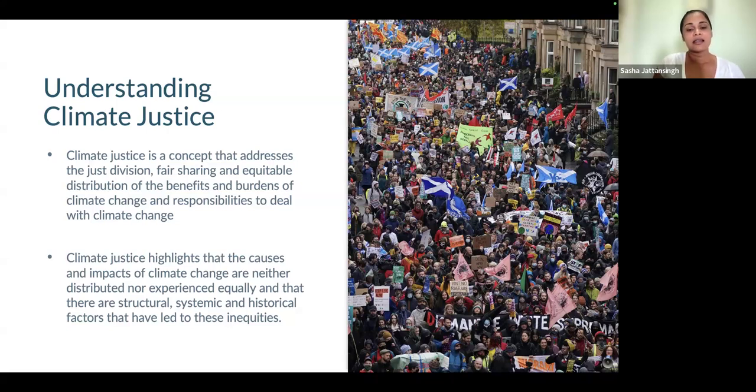And climate justice highlights that the causes and impacts of climate change are neither distributed nor experienced equally, and that there are structural, systemic, and historical factors that have led to these inequalities, right? And we see that happening right here in the Caribbean.